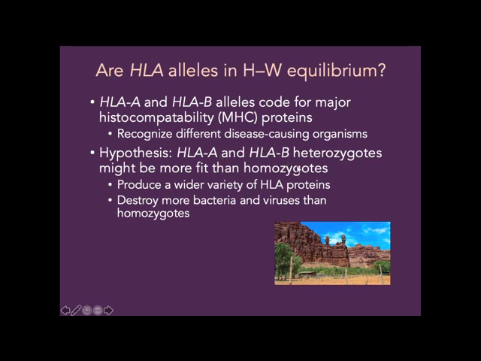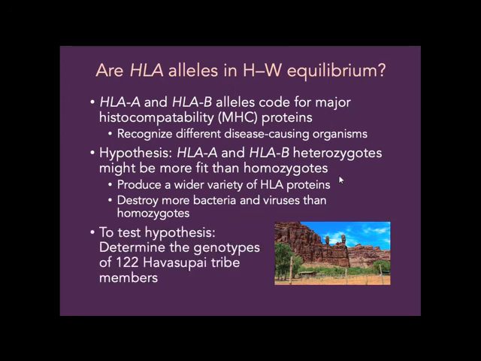So the hypothesis is that HLA-A and HLA-B heterozygotes might be more fit than homozygotes, and the reasoning behind that is if you're big A, little a, or big B and little b, you have more different kinds of major histocompatibility proteins, so you can identify a wider variety of bacteria and viruses than a homozygote who has fewer different kinds of HLA proteins.